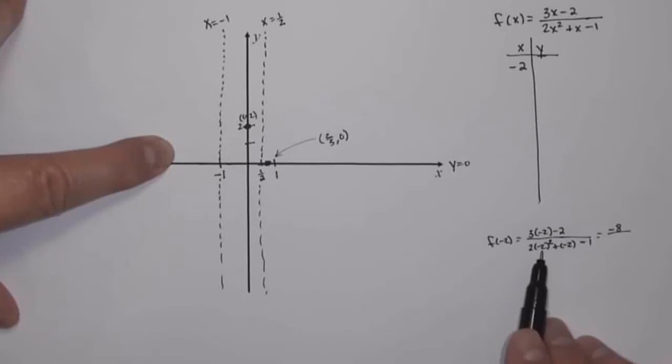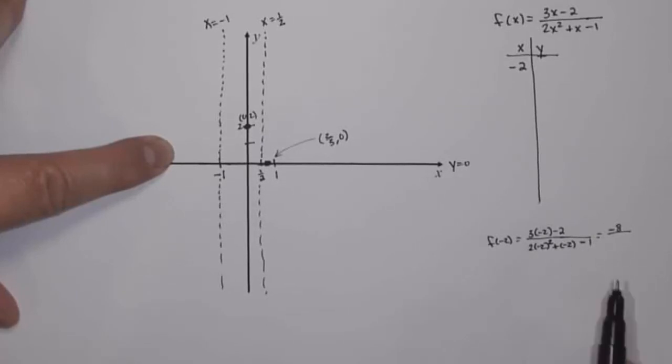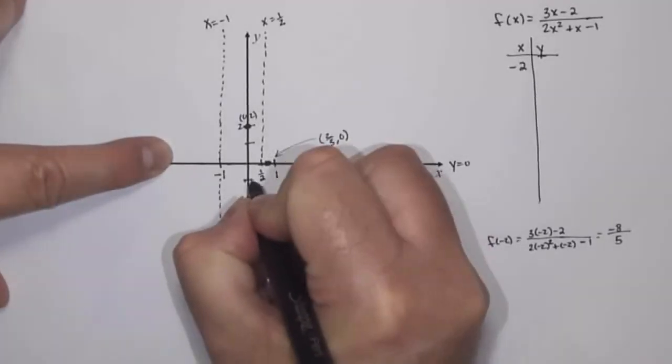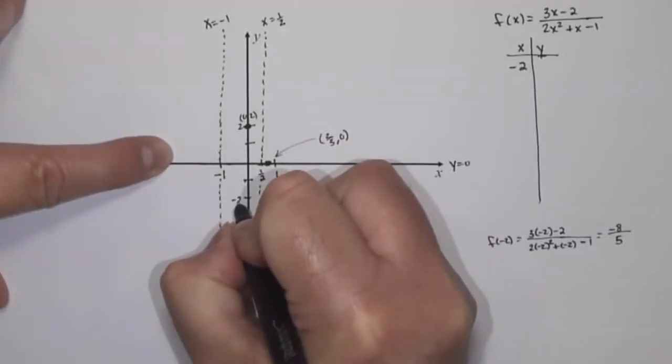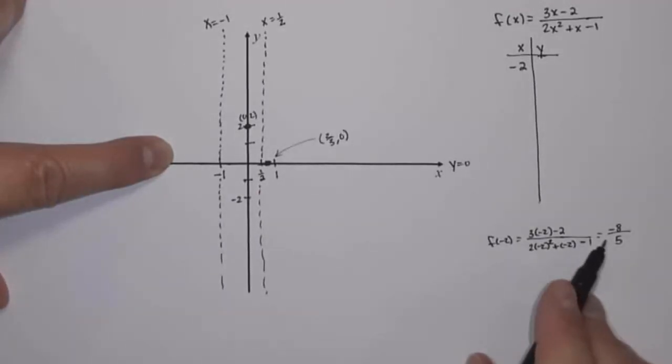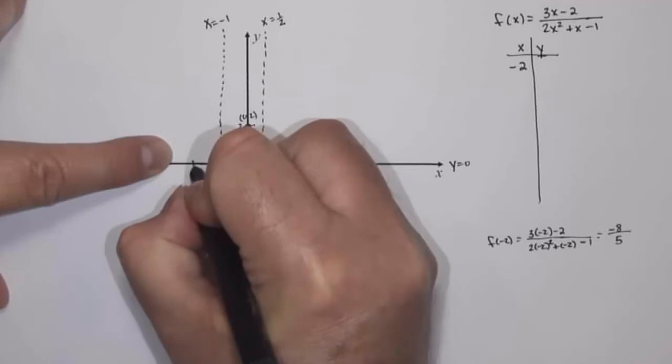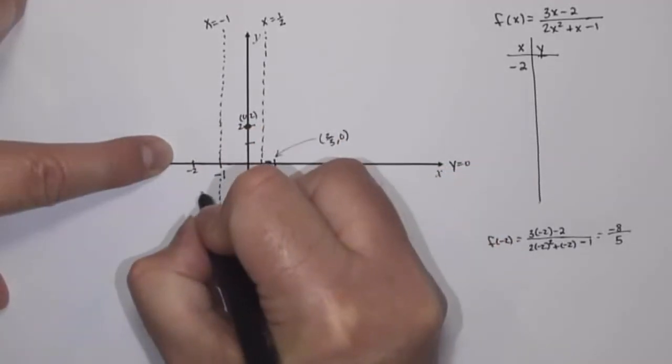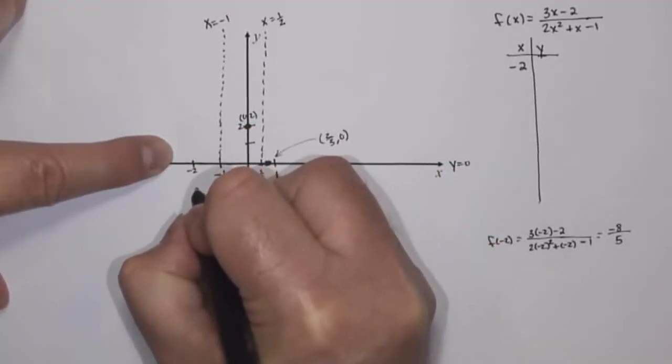On the bottom, -2 squared is 4, times 2 is 8. 8 plus -2 is 6, and 6 minus 1 is 5. So I have -8/5, which is the same as -1 3/5. Here is -1 and here is -2, so -1 3/5 would be like here.